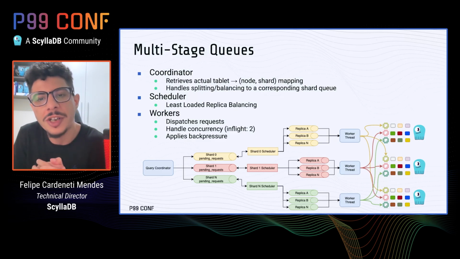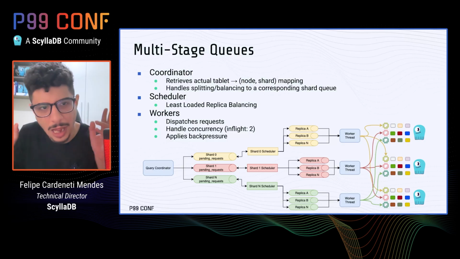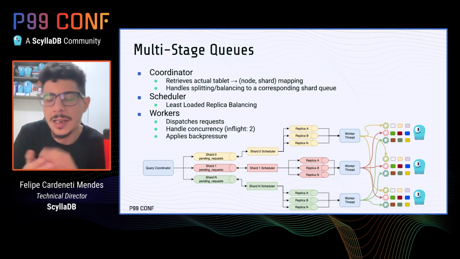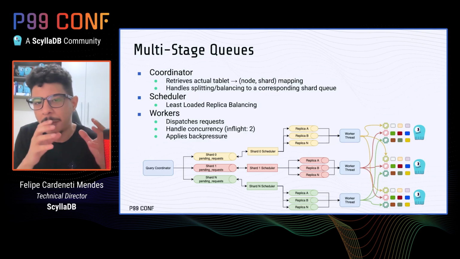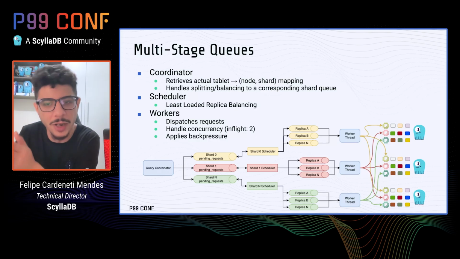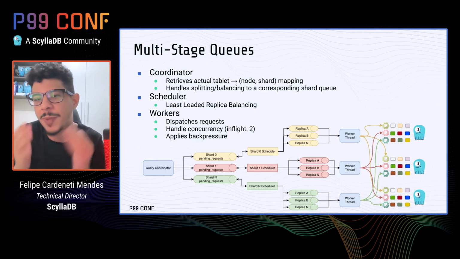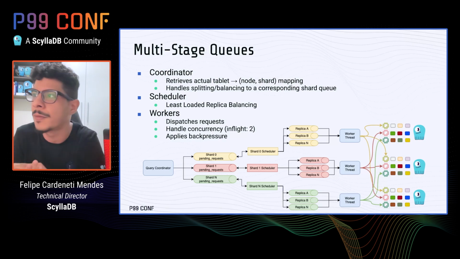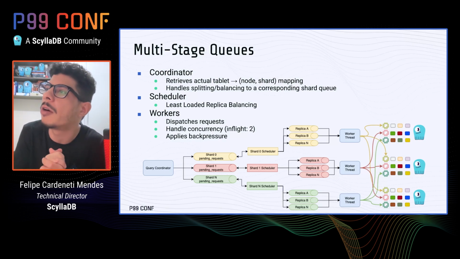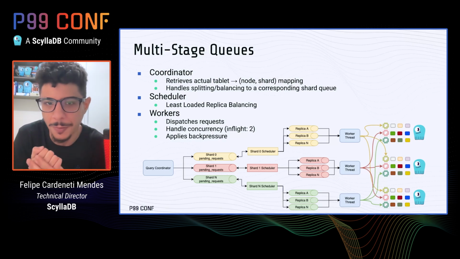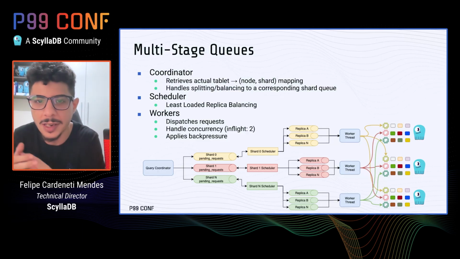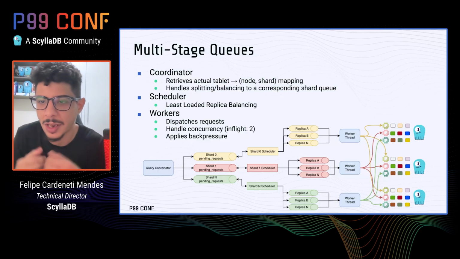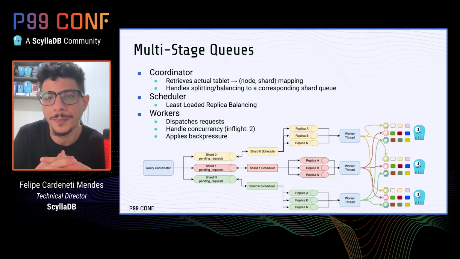The central coordinator, often the controller node, has the only job of retrieving the tablet mapping and pushing each tablet-owned range to its respective shard processing queue. In the picture, we call this the pending requests queue. And alongside each request, it also pushes metadata around its replica ownership.